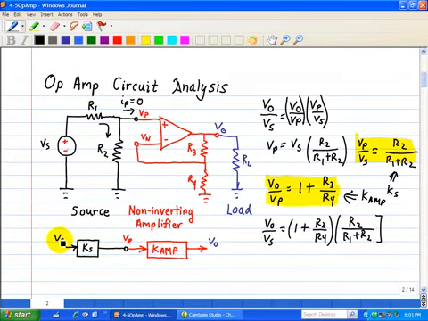And then to get the relationship between Vs and VO, we multiplied these two block diagrams, Ks times K amp. In other words, VO over Vs is simply the product, where this is K amp and this term is Ks.